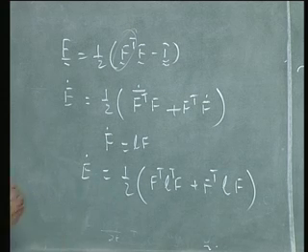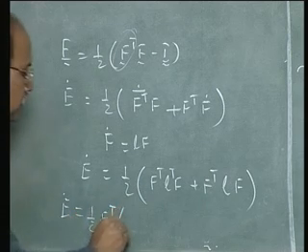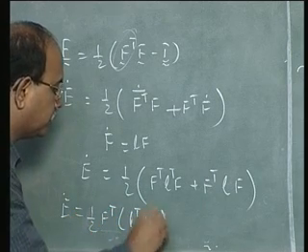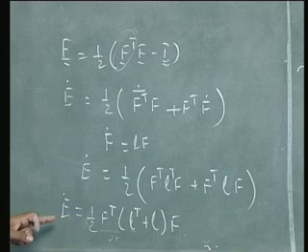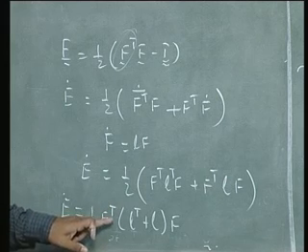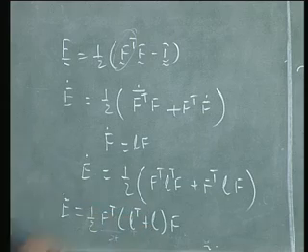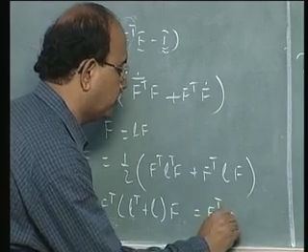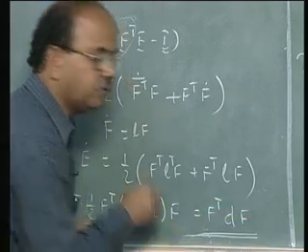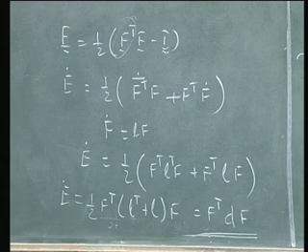Now look at that quantity. This can be written as E dot is equal to half F transpose (L transpose plus L) F. So, you can bring the half to this side: L transpose plus L divided by 2, times F, that is equal to F transpose D F. So E dot is equal to F transpose D F.